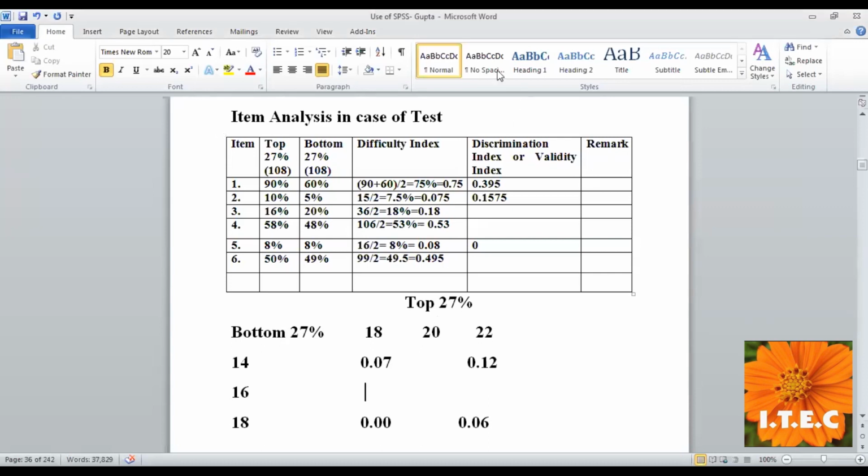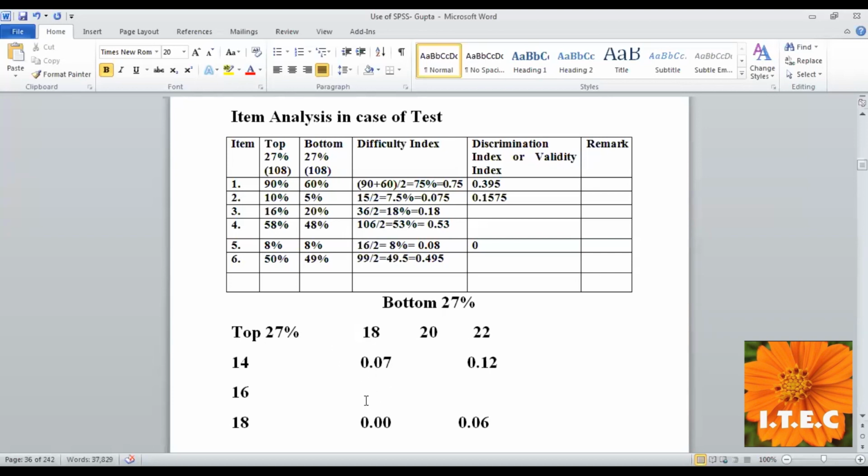It's one of the same thing. Nothing to worry about that. You may call it top, or you may call it bottom. Both are same. Nothing to worry about it.